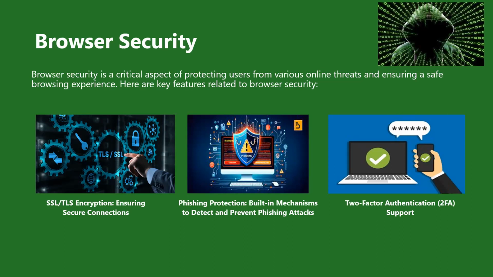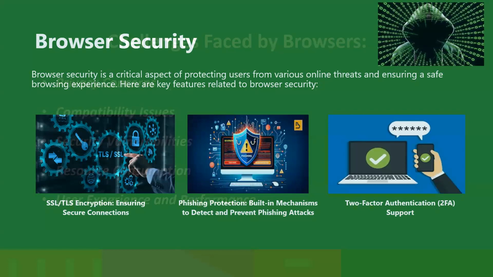So that is a bit of a concern. In browser security, SSL/TLS encryption is used, phishing protection is used, and two-factor authentication. There is a lot of browser security applied by the web browser companies.